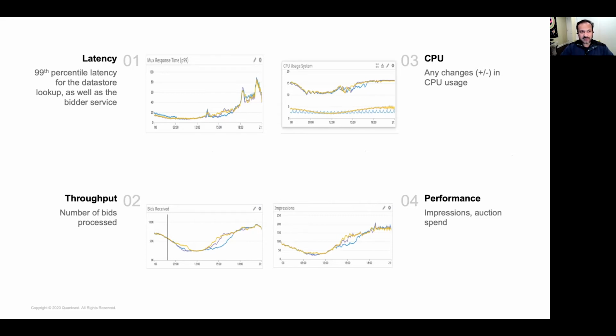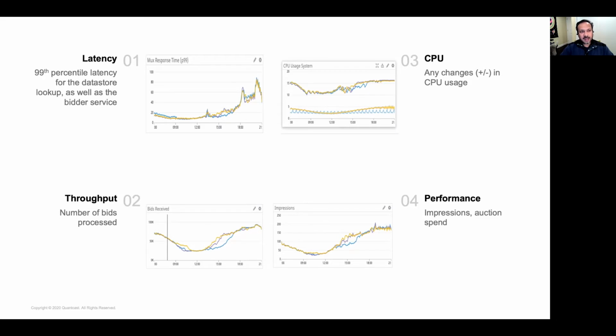The first one was, of course, latency. And in latency, we wanted the latency for the lookup from Keebler and from Aerospike to match as closely as possible. And of course, we were looking at the 99th percentile latency.